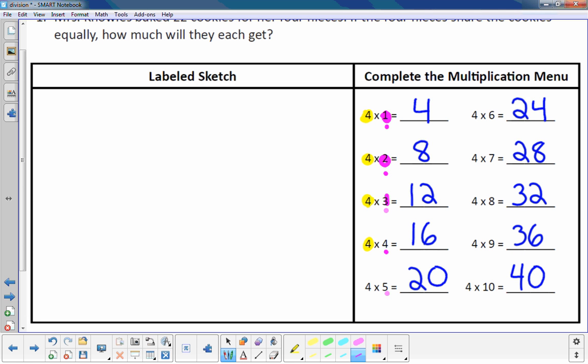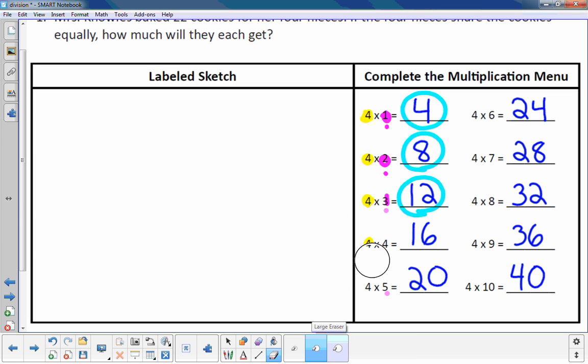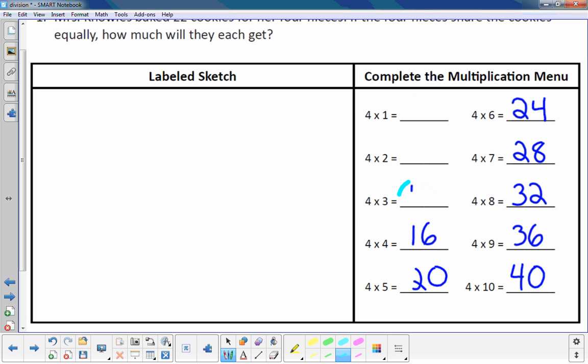And my students will tell me that's how many cookies each student's going to get. And finally, I'll ask my students, what does this number represent here? And that's the total cookies. Just have them thinking about what that represents. Knowing what the numbers represent is very helpful in solving these problems.